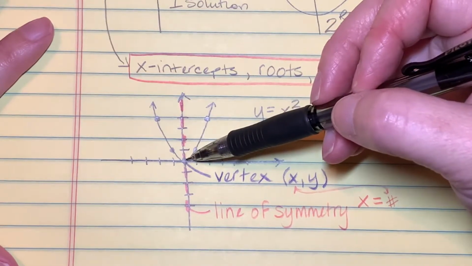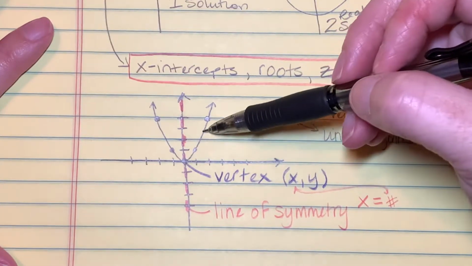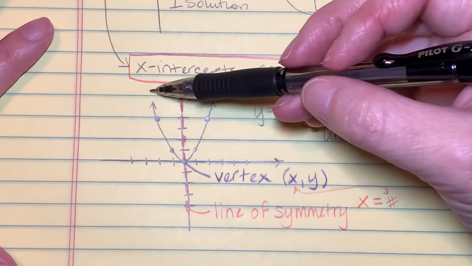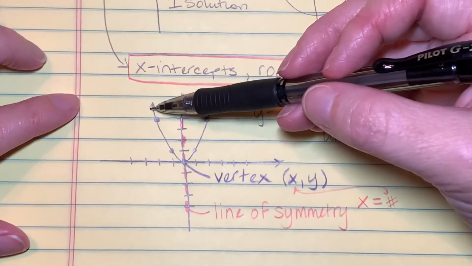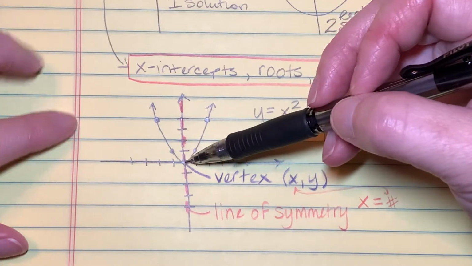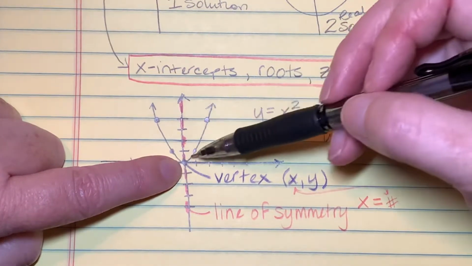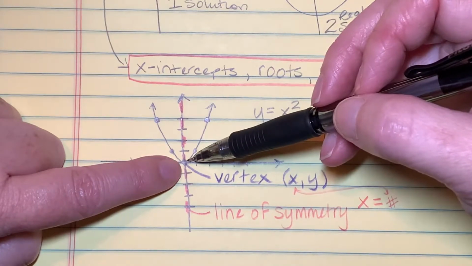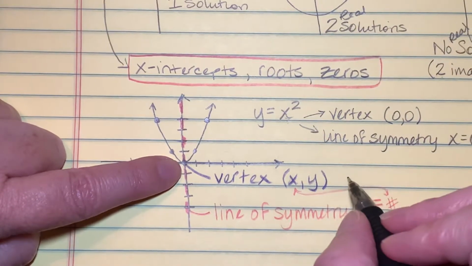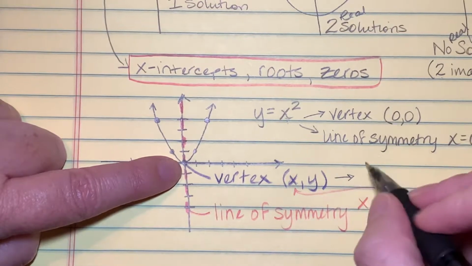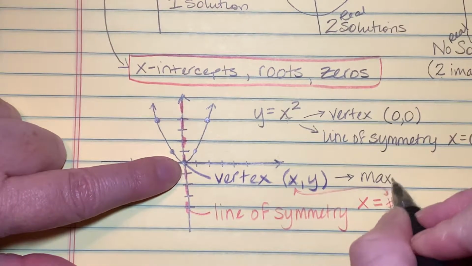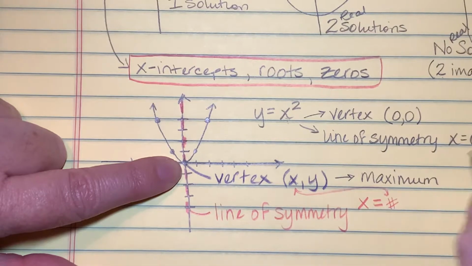Now, the last thing about the vertex: if the graph is coming this way, then this is the smallest y value that the graph is going to be, because it starts to go back up the other way. So big y values coming down, down, down, hits 0, and then all of a sudden my y values start going back up. This is the smallest value this can be. The vertex determines whether it's a maximum, right?